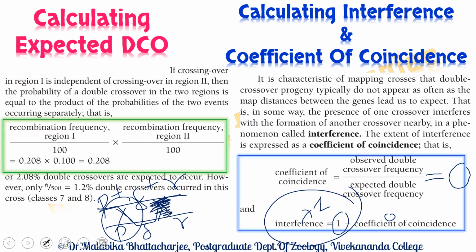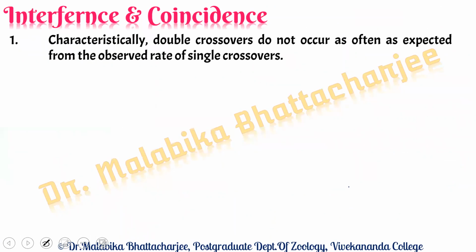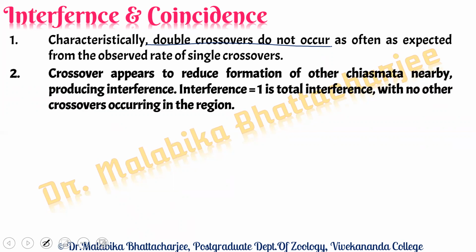And finally, just summarizing what we understood: remember this, double crossovers are rare. In a given data, they are the least to occur. They are not as often as the observed rate of single crossovers.